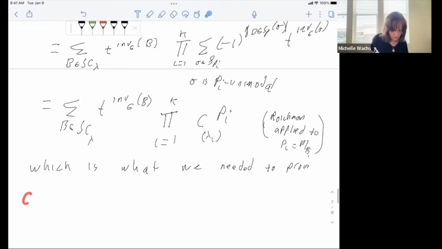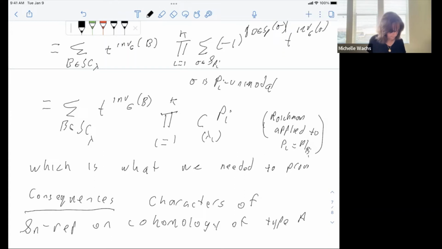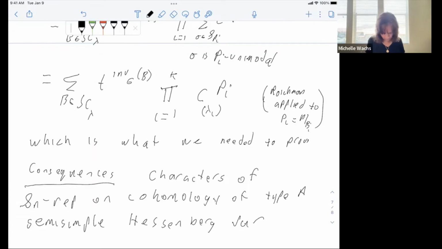Some consequences of this result. The characters of Tymoczko's representation of the type A semisimple Hessenberg variety are positive.